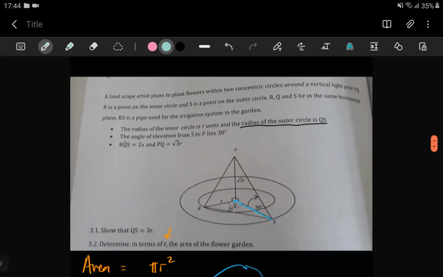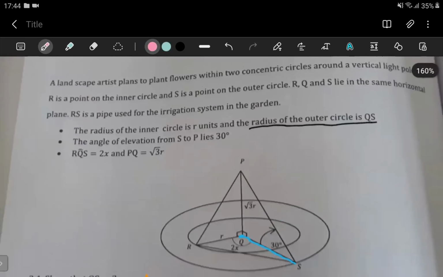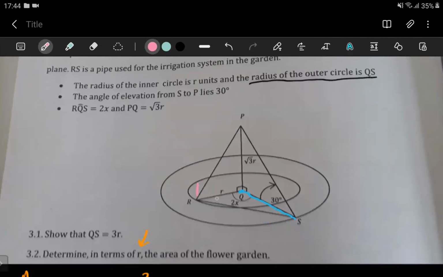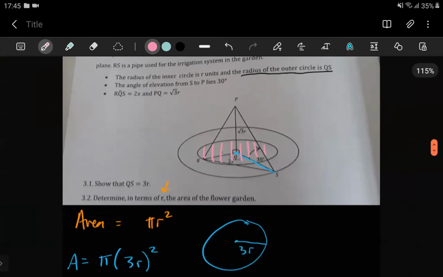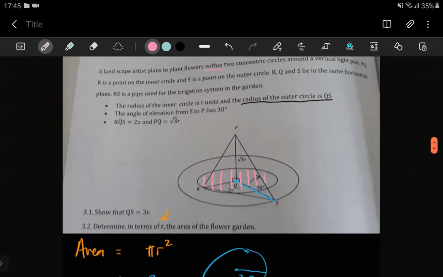Okay, so I think here we have to reconsider the within part, because if it's within 2 concentric circles, they're going to refer to this. For us to get the area, we can say the big circle minus the small. Oh yeah, I guess this question is a bit weird.